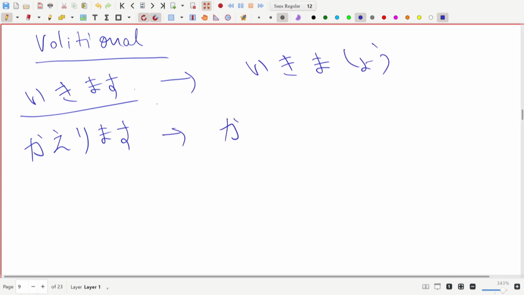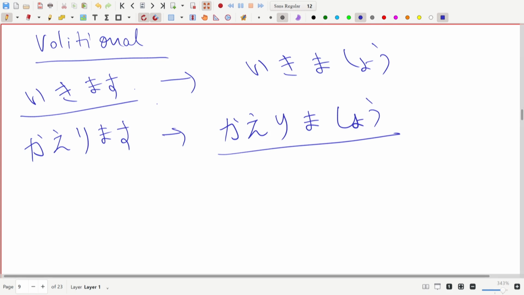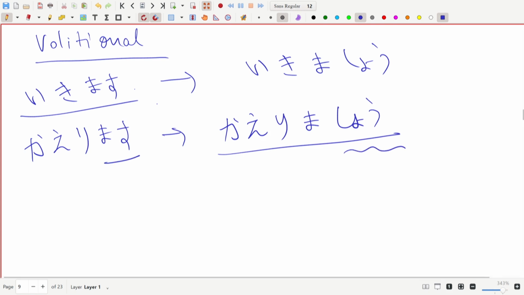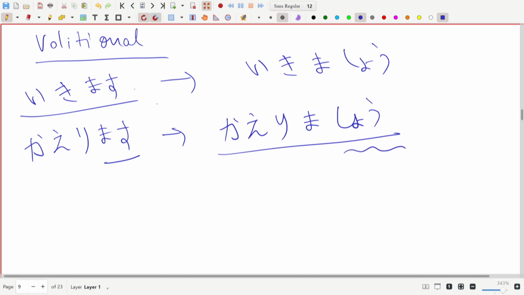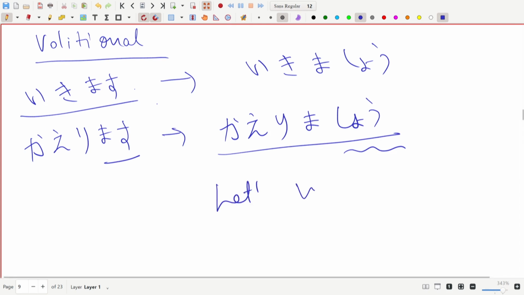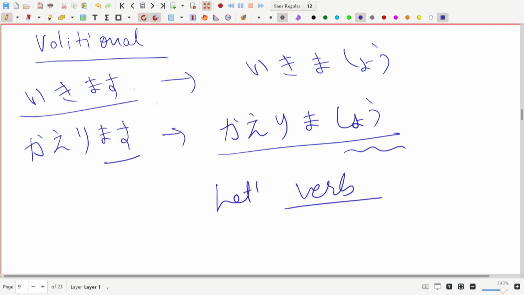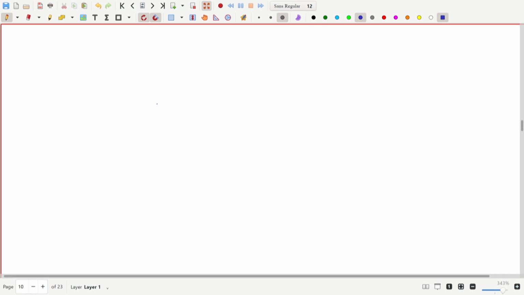Similarly, kaerimasu will change into kaerimasho. So mas will change into masho, and it would mean "let's" plus the verb. So "kaerimasen ka?", won't you return? "Kaerimasho," yeah, let's return.